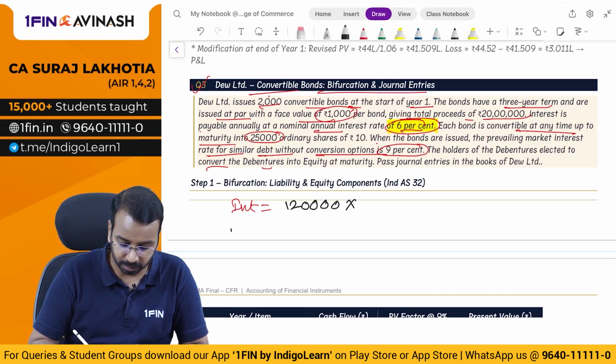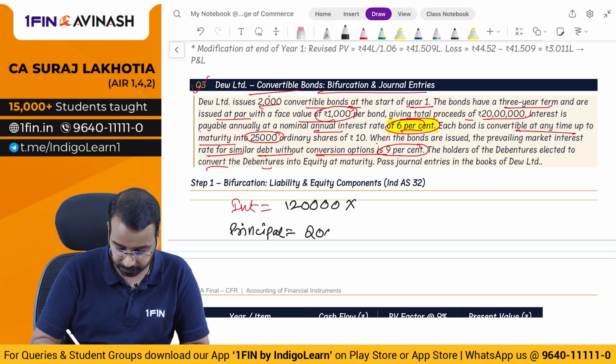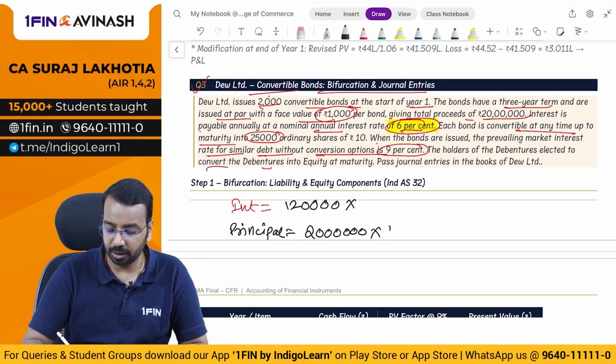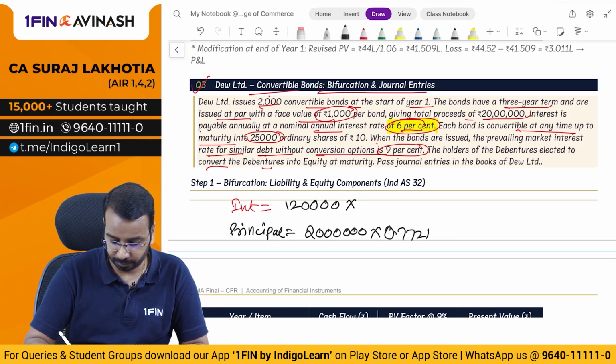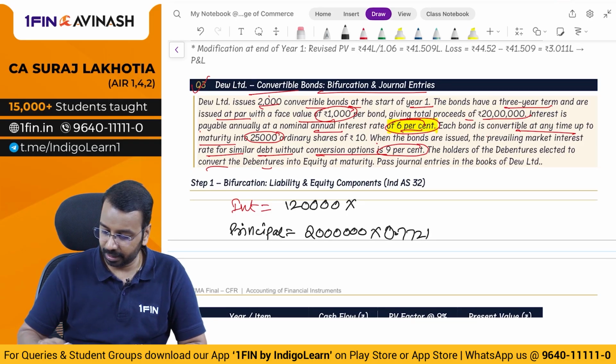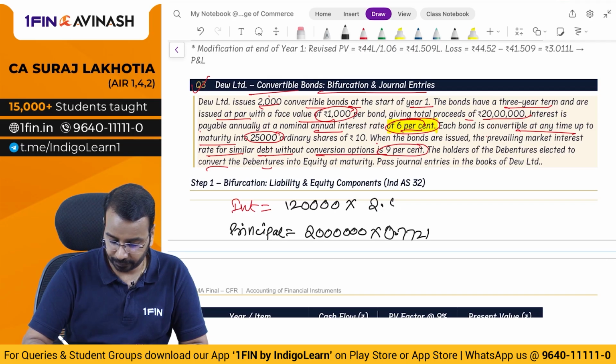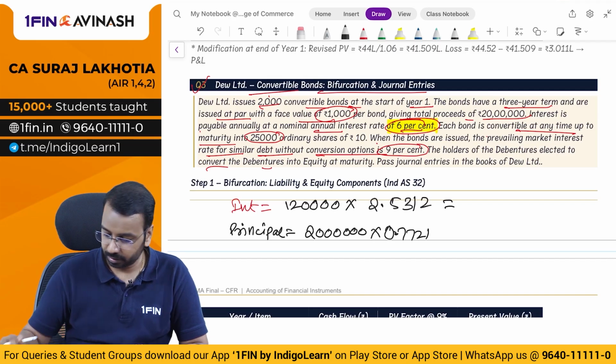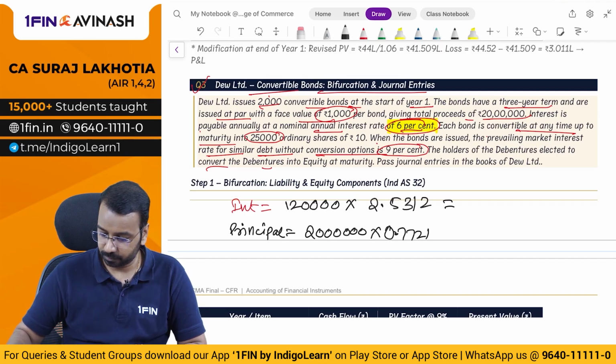Third year factor for principal is for 20 lakhs. Principal will be paid, right? 20 lakhs into 0.7721. Okay. And grand total if we do, we get 2.5312 into 1,20,000.